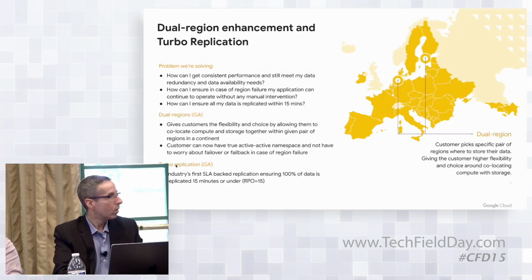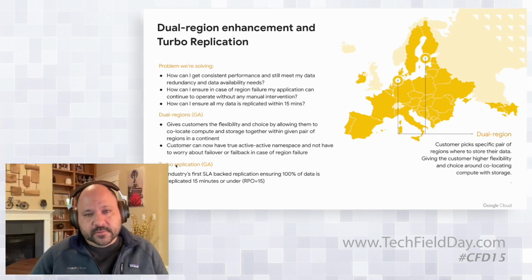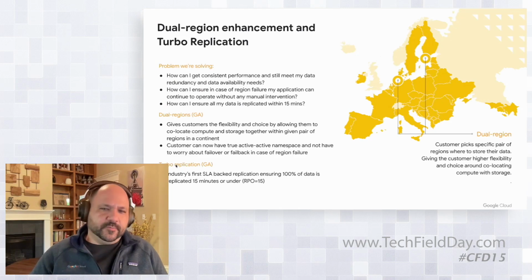And that's different than dual region? No, that is an option for dual region. So if you don't flag that, there's a slower replication option. I believe it's 12 hours is the RPO on the other one. Maybe much lower in practice, but that's where the guarantee is.